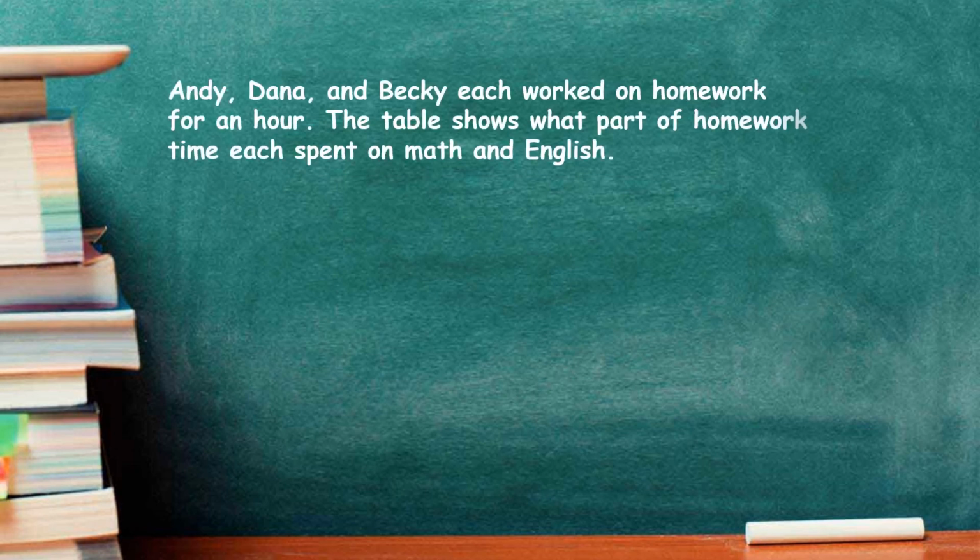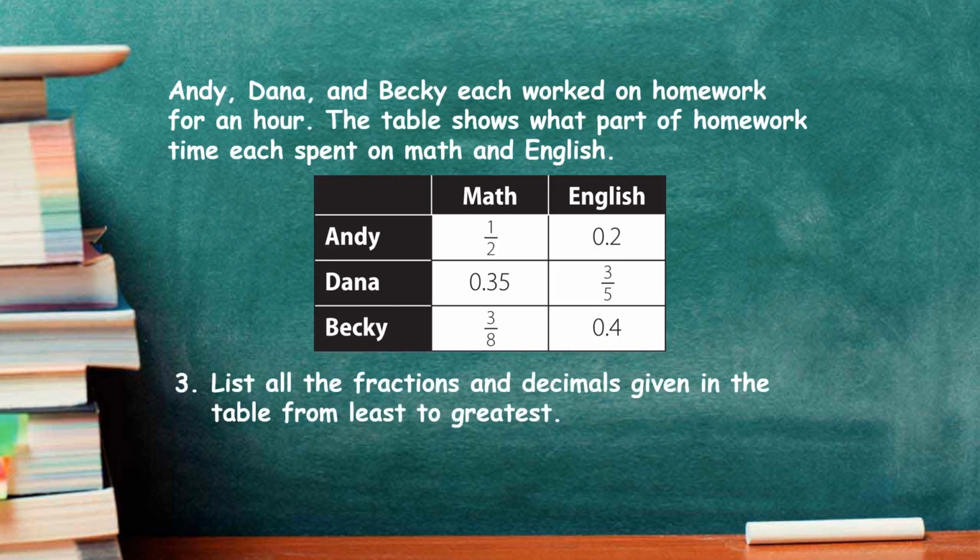Okay, next is question number 3. Order all the fractions and decimals given in the table from least to greatest. Ibig sabihin, lahat ng numbers na to, regardless kung anong subject, ay ayusin natin from least to greatest. Sino yung pinakamababa sa lahat? Ang pinakamababa sa lahat ay 2/10 ng English ni Andy.